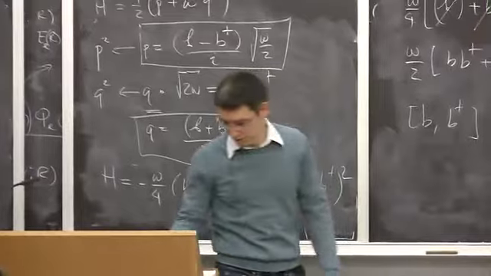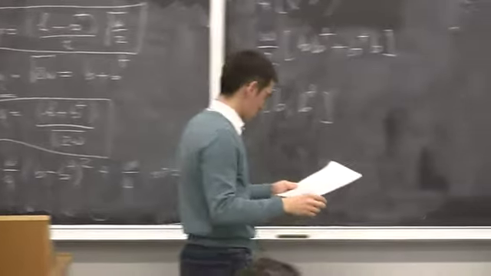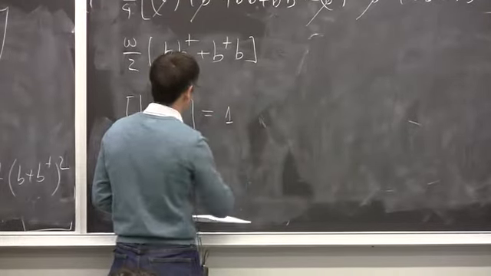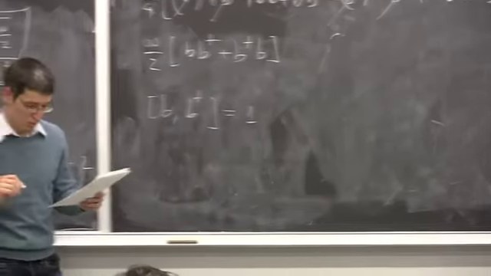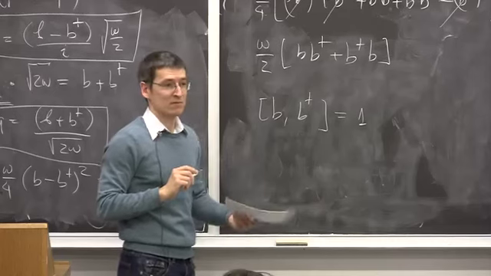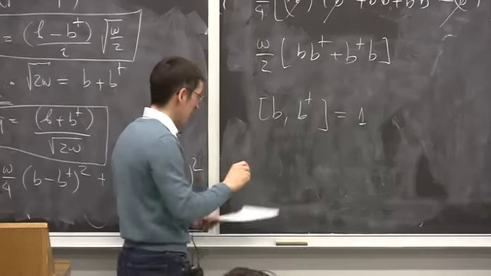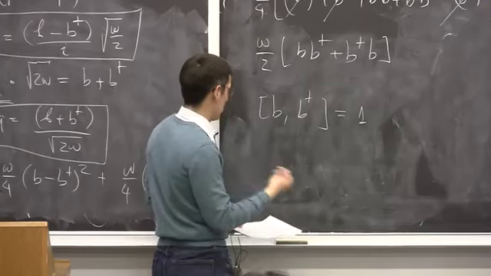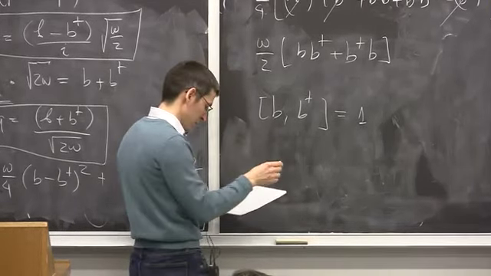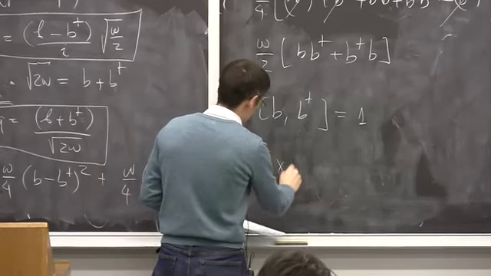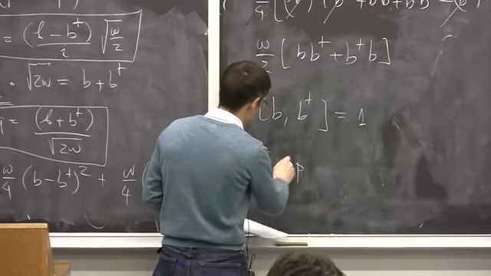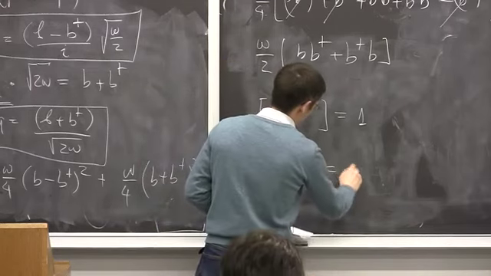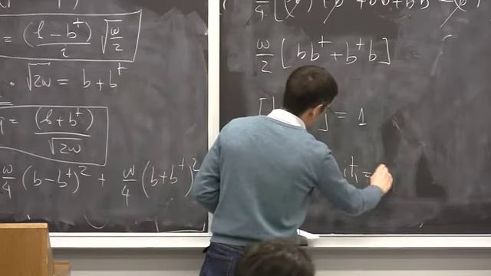So I'll leave it as a home exercise, but the result is very simple. It's 1. Okay? It's very nice. So remember though, I'm working in atomic units, so that means h bar is 1. In the same units, the commutator of q and p is i h bar, and so that means it's i.